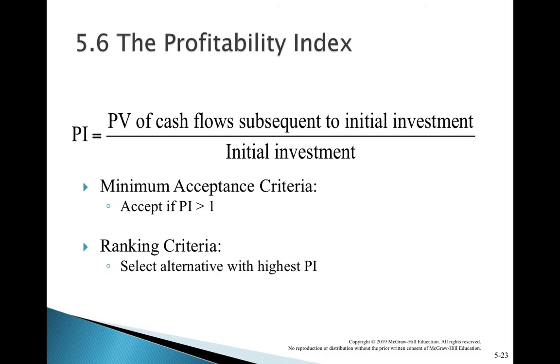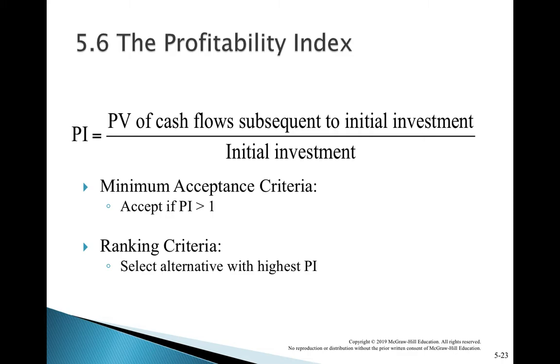And normally it will be around 1, either 1 point something or 0 point something. The minimum acceptance criterion is to accept if PI is greater than 1. One of your friends has asked the question, can the IRR be negative or NPV be negative? It's possible. So if it is 0 or less than 0, then it will be rejected.